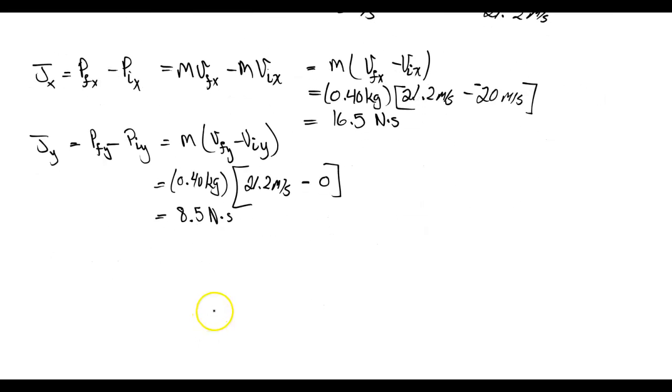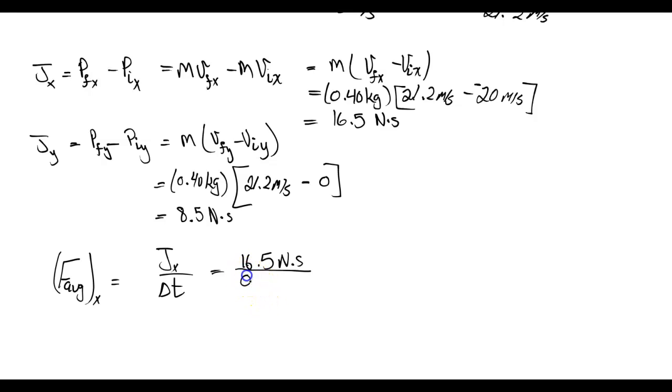And now the average force in the x direction would be J x over delta t, which is going to equal 16.5 Newton seconds over the time of contact, which is 0.01.